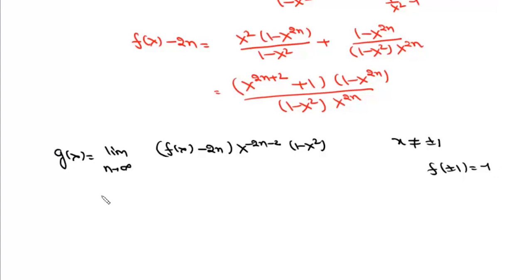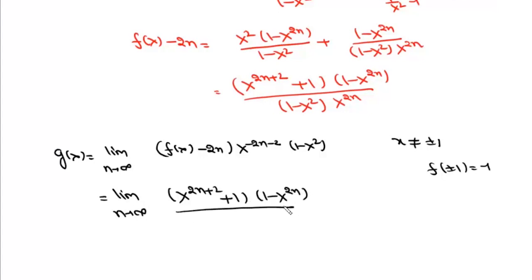Now first we'll simplify this. Now it will be this limit n tends to infinity. Now f(x) minus 2n is x to the power 2n plus 2 plus 1 into 1 minus x to the power 2n upon 1 minus x square into x to the power 2n, that is multiplied with x to the power minus 2n minus 2 into 1 minus x square.